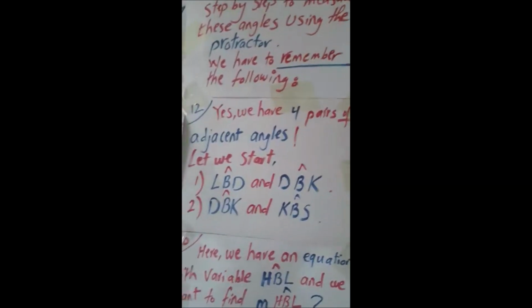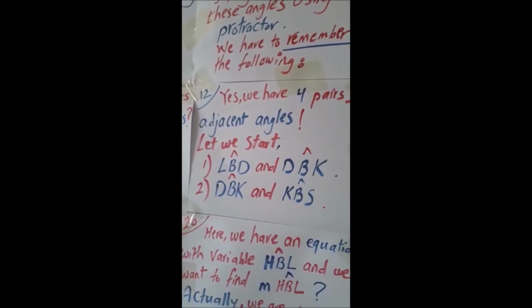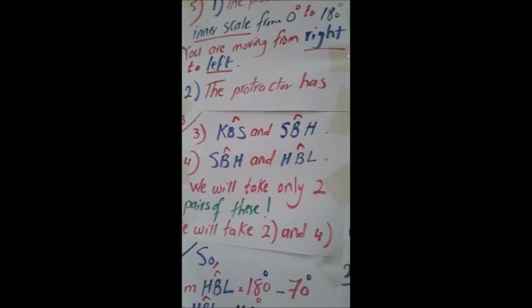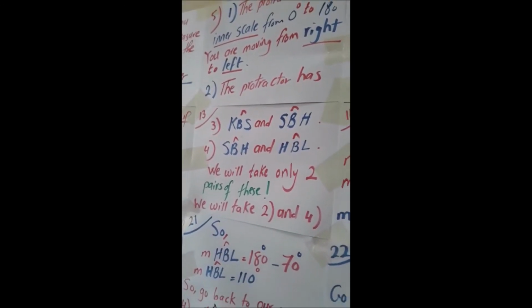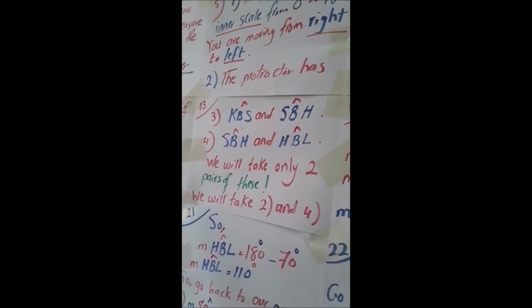So we have these 4 pairs of adjacent angles, which are LBD and DBK, DBK and KBS, KBS and SBH, SBH and HBL. I will take 2 of these because there are 4, so we will take only 2 pairs.